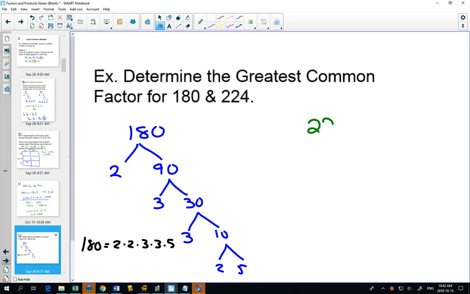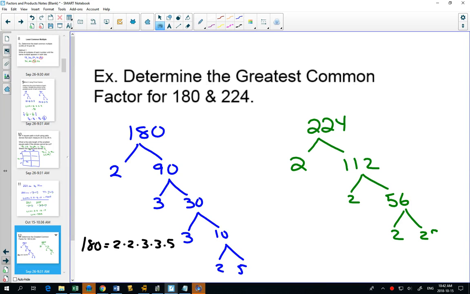Now 224. I'll do that in green. 224 is 2 times 112. And so if something is an even number, it's nice to just keep dividing it by 2. What's 112? 2 times 56. You can divide that by 2. 2 times 28.